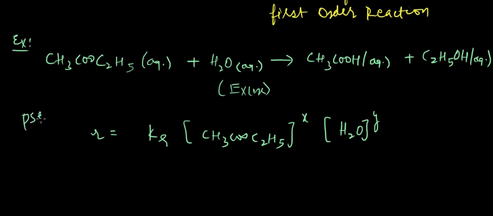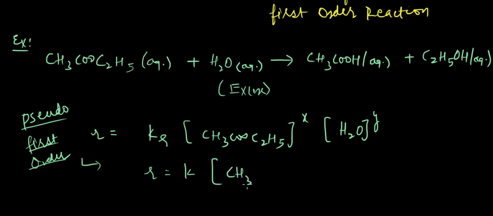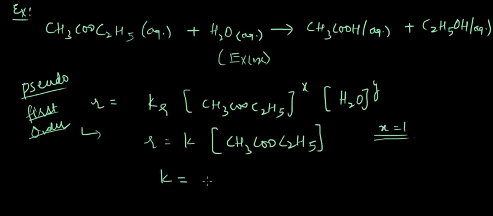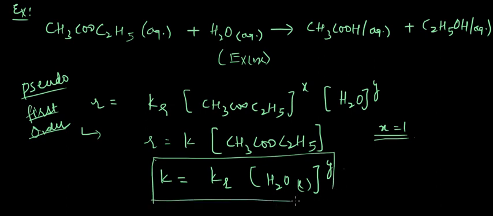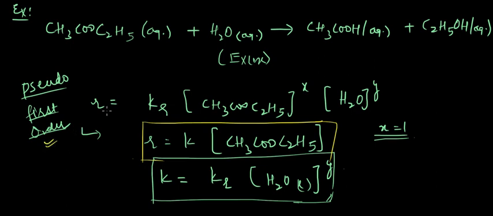In this case, we can write R equals K times CH3C double bond O C2H5 to the power 1. X becomes 1 and K can be written as Kr times H2O to the power y. So this is a pseudo first order reaction in which we can write R as K times CH3COOC2H5 to the power 1. This is an example of pseudo first order reaction.